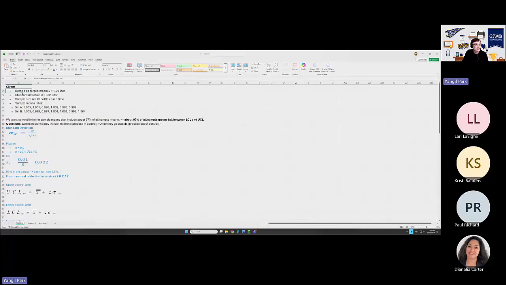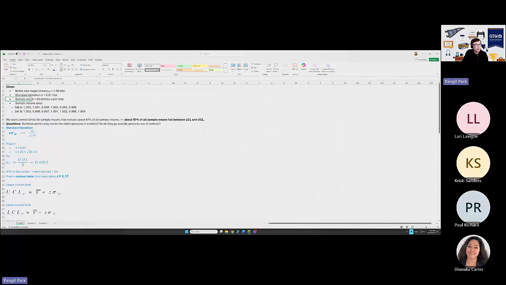They measure it, and the mean is supposed to be 1 liter. The bottle should be 1 liter, but somehow they're allowed a little bit of flexibility with a 0.01 liter standard deviation. And we have a sample size of 25 to measure the quality.